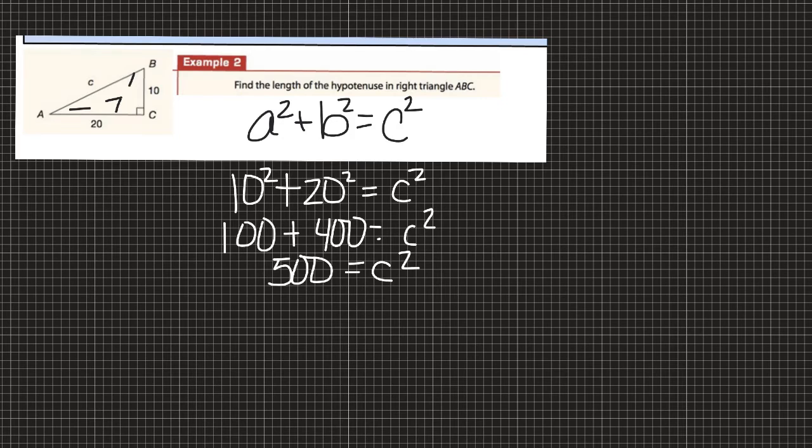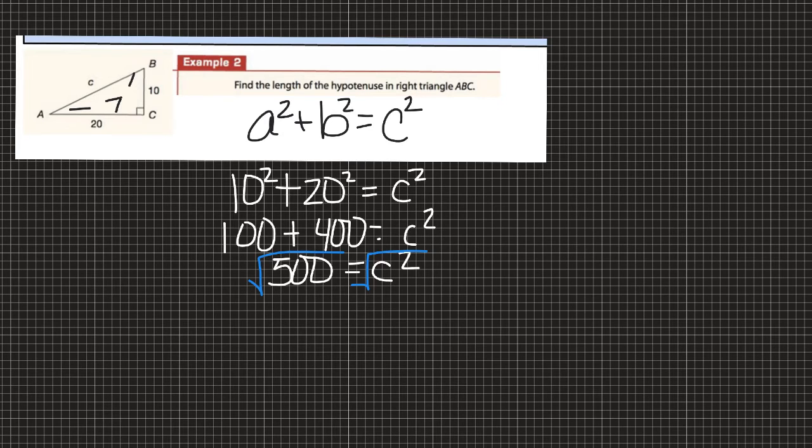Now, once again, we just need to say, all right, what's the opposite of a square? And we all say a square root. Now, this doesn't give us a nice, pretty little answer, so we have to use our calculator. So we're going to square root both sides because the opposite of a square is a square root.